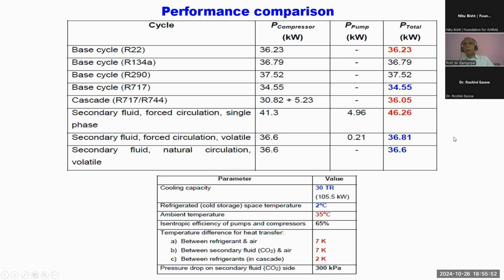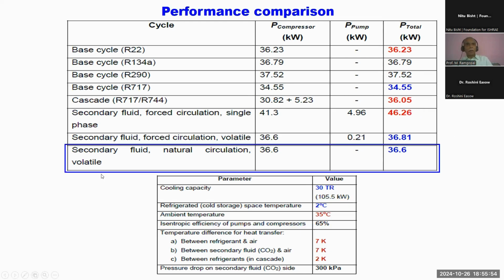So if I am comparing that with the natural circulation loop based secondary fluid system, again you can see that this is consuming slightly more power compared to cascade. It is consuming about 2 kilowatt, about 6-7% more compared to the base ammonia cycle. Okay, so this is the small penalty that we pay.